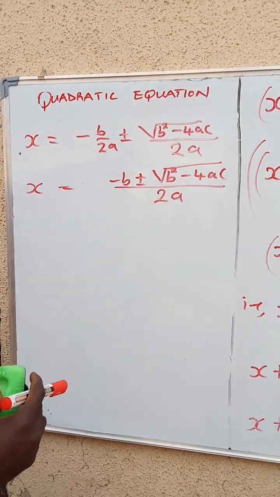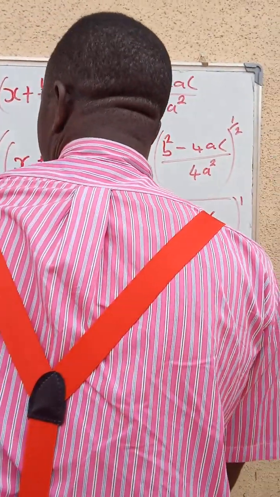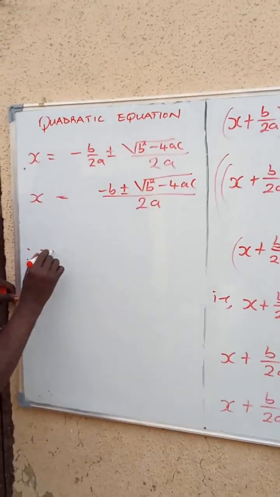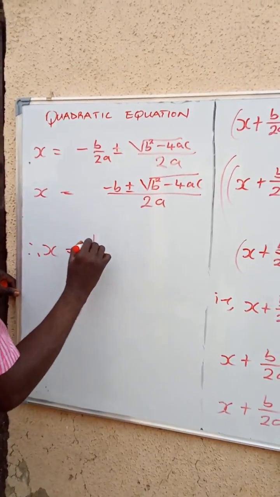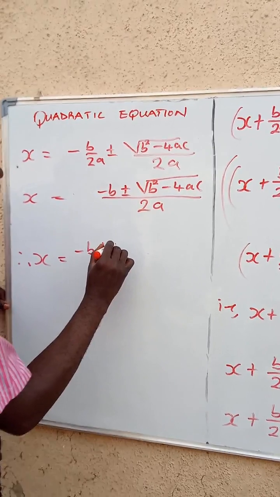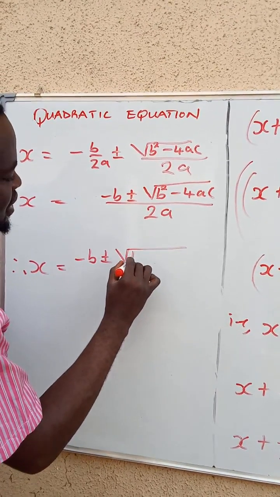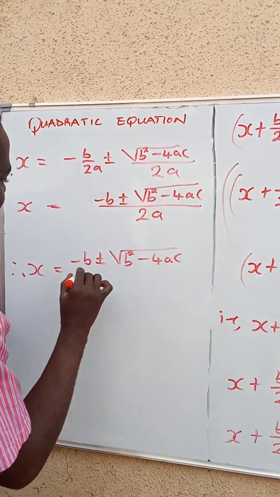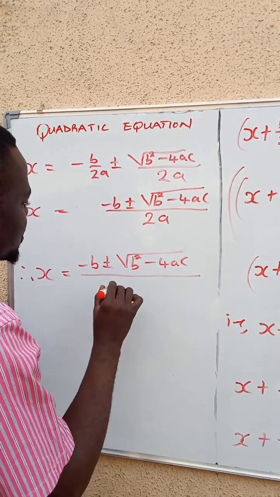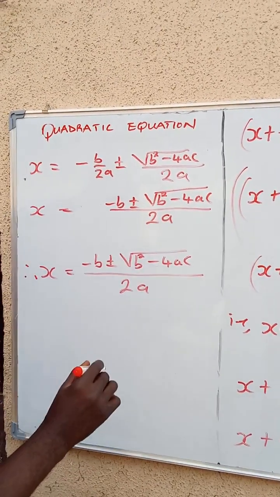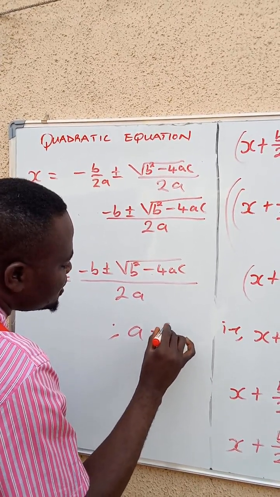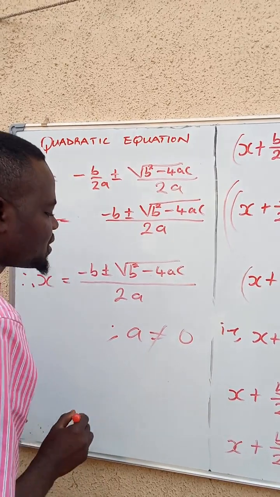Now, in this case, we can therefore say x is equal to minus b plus or minus the square root of b squared minus 4ac over 2a, provided a is not equal to 0.